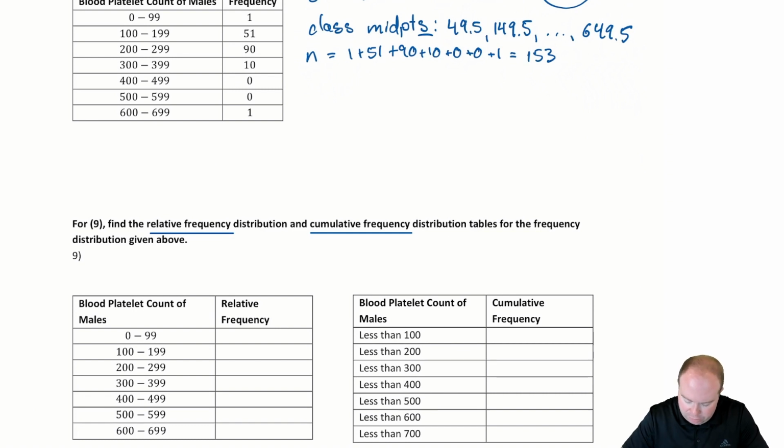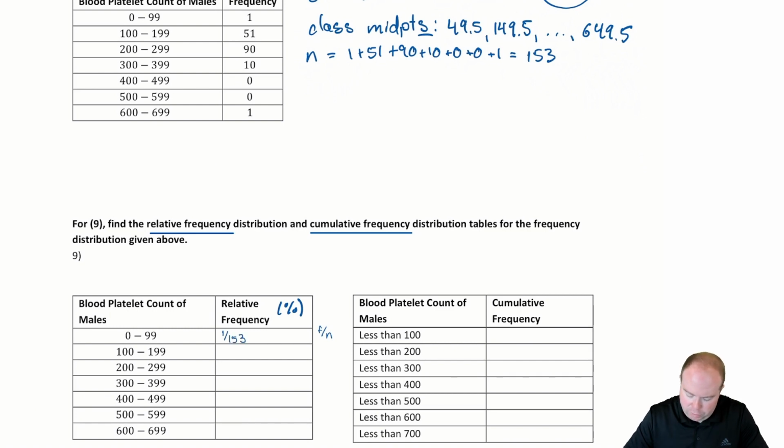For each row, it's just the frequency divided by n. So in this first case, it's going to be 1 divided by 153.